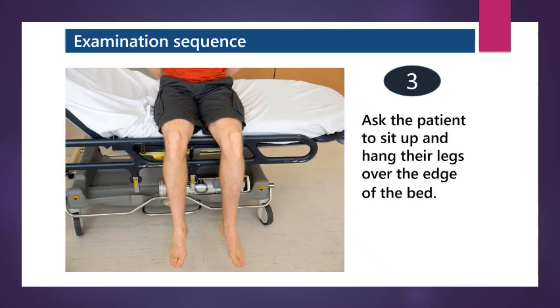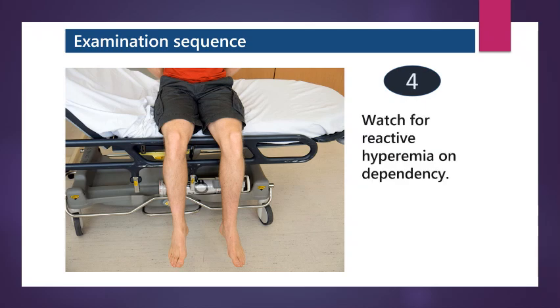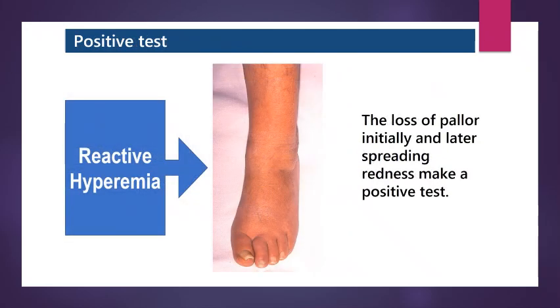Ask the patient to sit up and hang their legs over the edge of the bed. Watch for reactive hyperemia on dependency. The loss of pallor initially and spreading redness make a positive test.